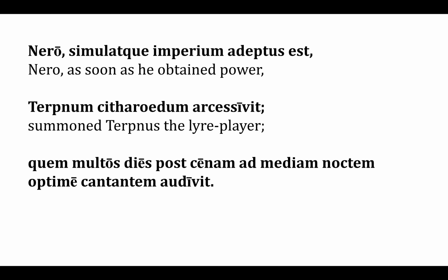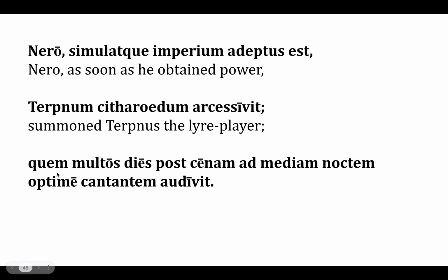So the question is, where is our subject? And if you look through this phrase, you will see there is no noun or pronoun in the nominative case. So if you've got no nominative noun or pronoun, your subject must be contained within the verb, audivit here. So in other words, the subject is still he, referring back to Nero. So he heard him.